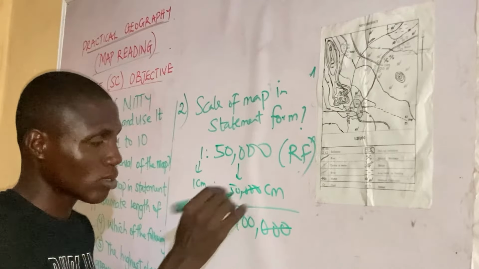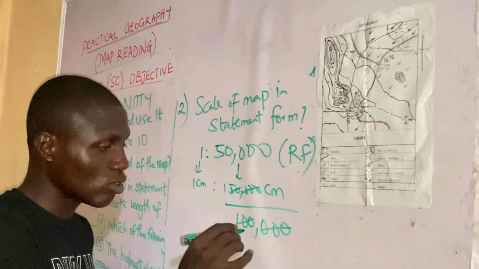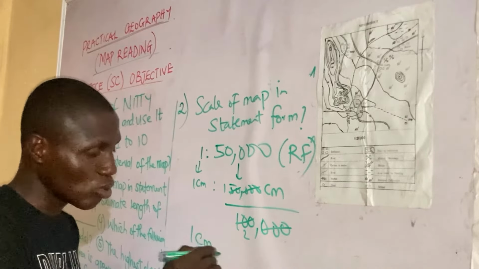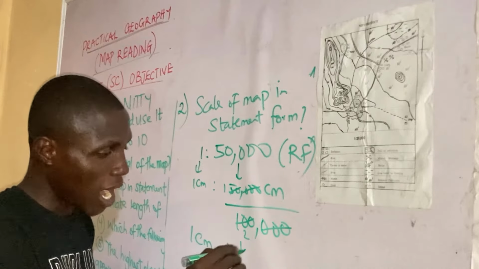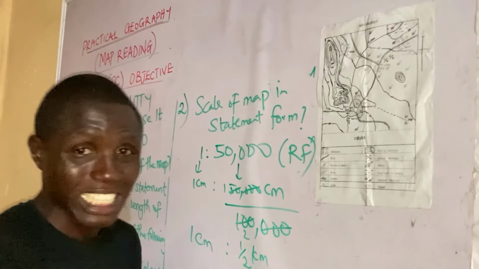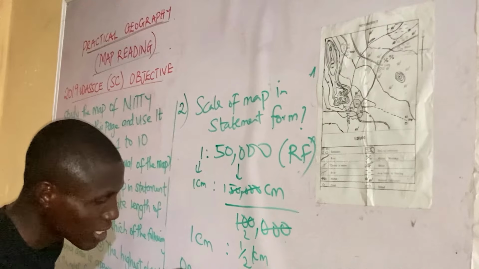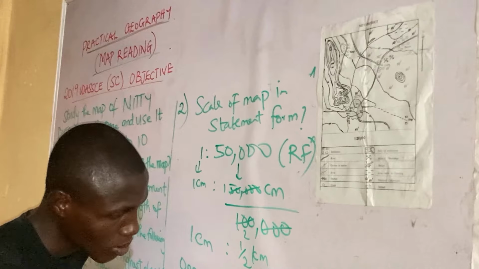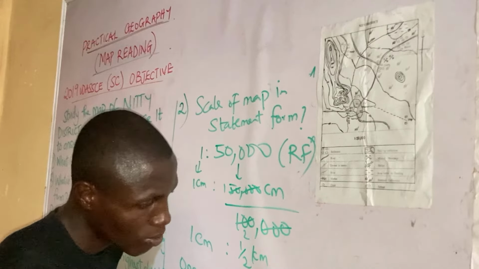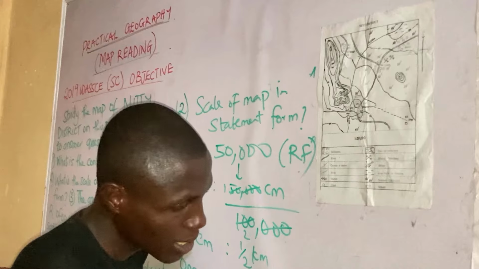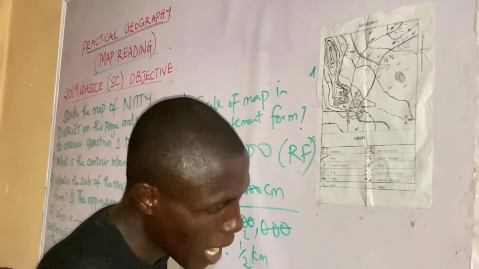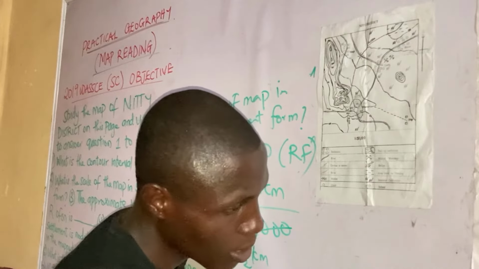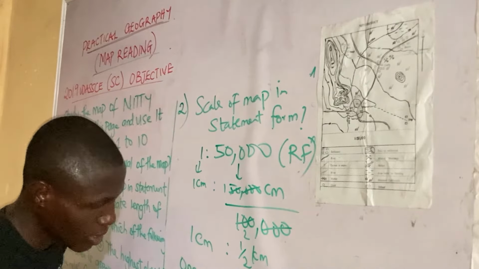So this cancels this. We have 50 here and 100 here, so 1 centimeter here represents half a kilometer. In other words, if we want to put it in a statement scale, it means that 1 centimeter on the map represents half a kilometer on the ground.